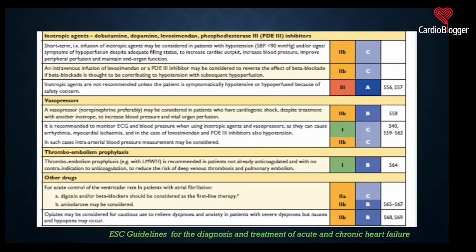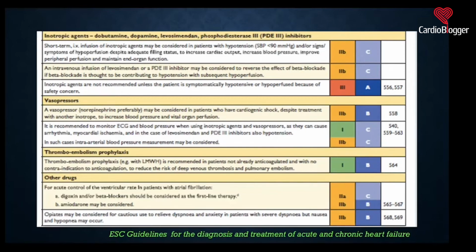For practical purposes, I just want to tell you that levosimendan is currently not available in our country, and for some reason it has been removed from the market. So the only drug which is available at present is dobutamine, which we have to use very liberally in such cases.